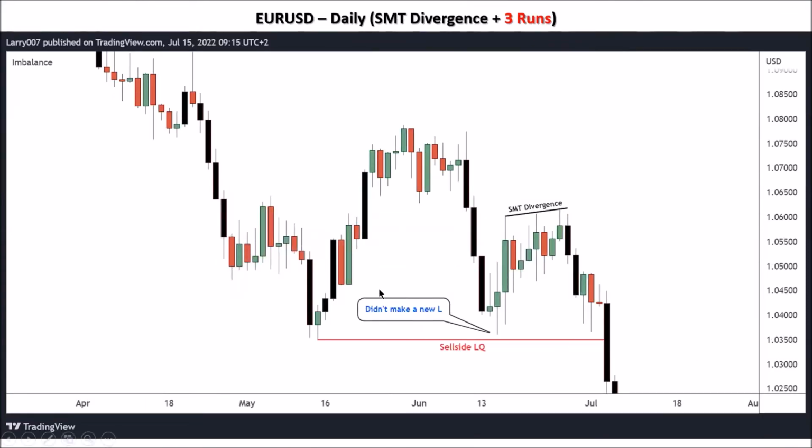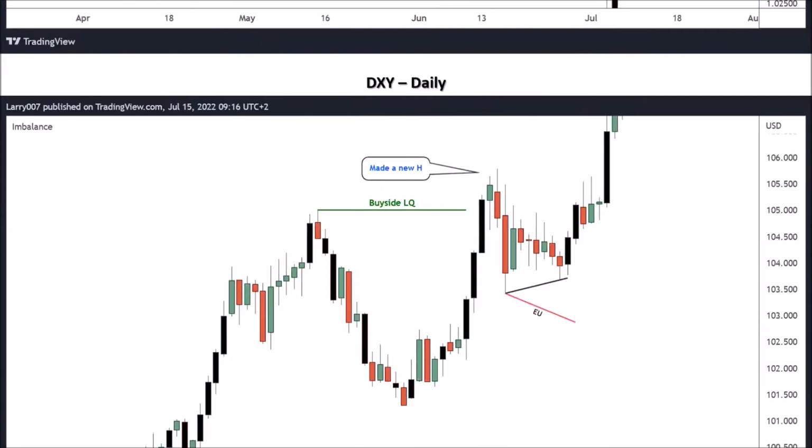So you see, we have another use of divergence. It's not only about the entry, it's also about what important highs or lows are taken, or sell-side liquidity, buy-side liquidity. You see, this liquidity on the DXY is taken from days or weeks ago.